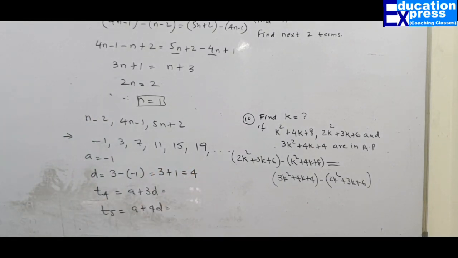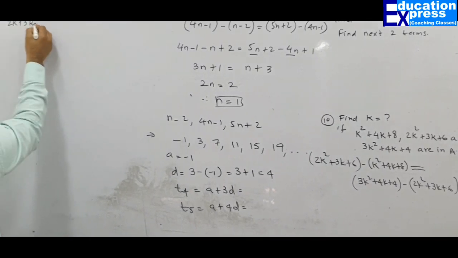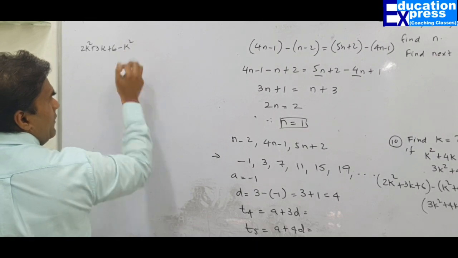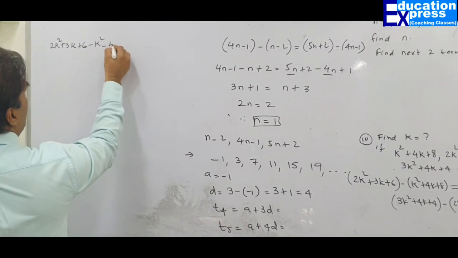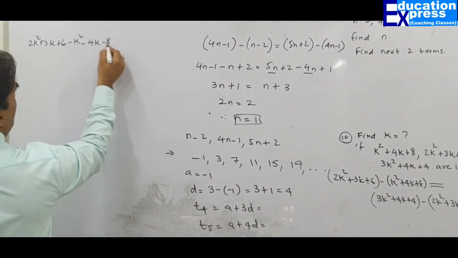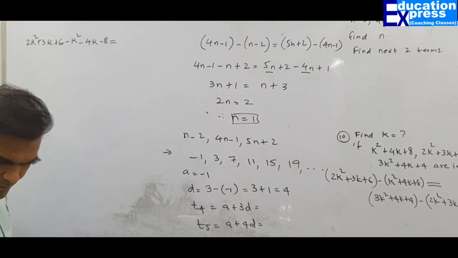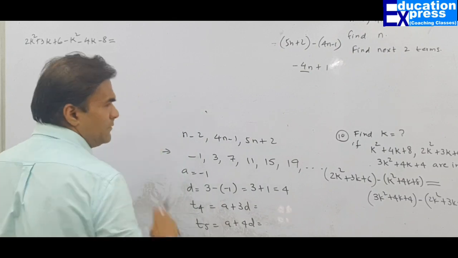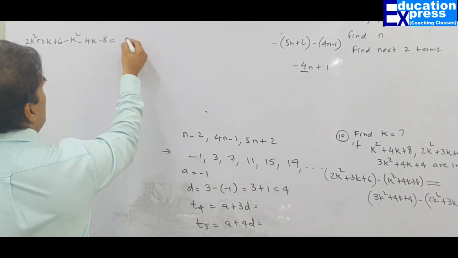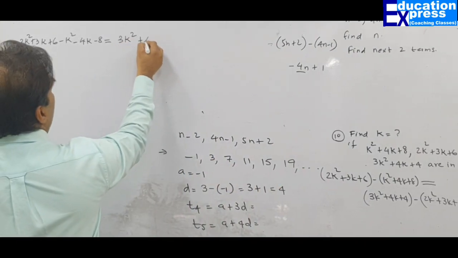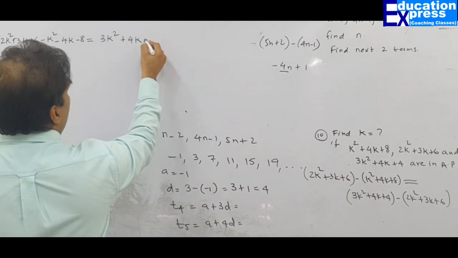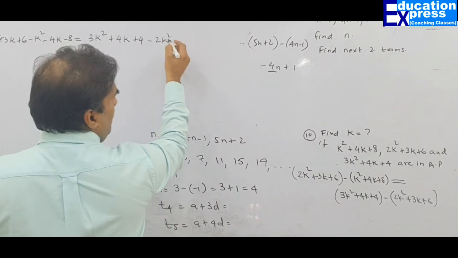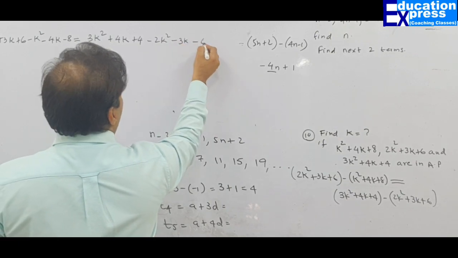2k square plus 3k plus 6 minus k square minus 4k minus 8 is the same as 3k square plus 4k plus 4 minus 2k square minus 3k minus 6.